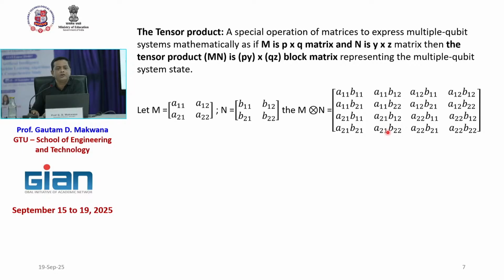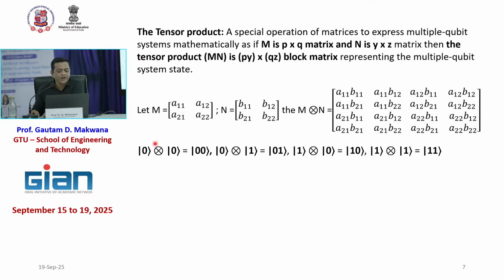Whenever we are talking about large scale models or generative AI, they use this tensor product whenever we require dimensional reduction. And this concept is also used in quantum computing.